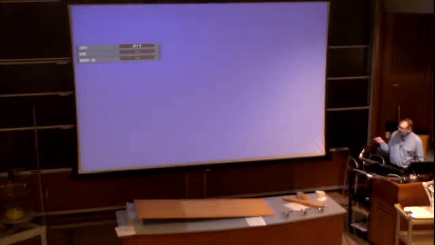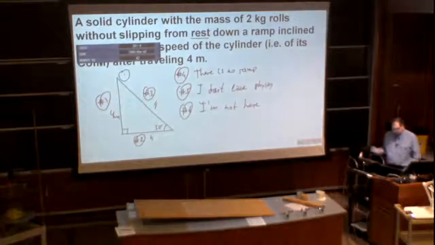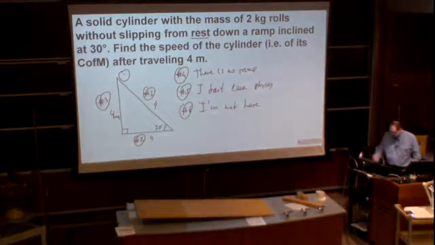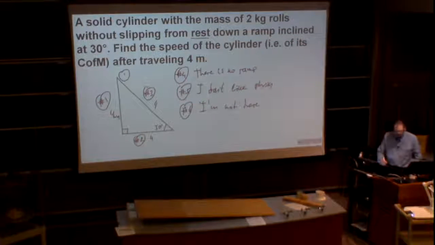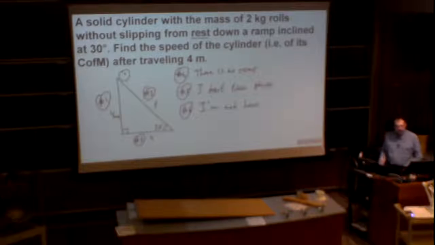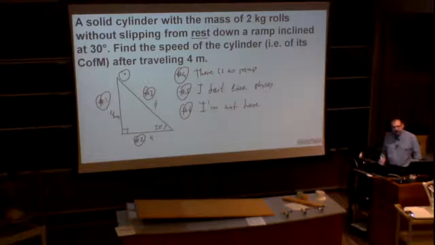Okay. In this case, physics and democracy agree. Distance traveled, as measured for the distance traveled by the center of mass, should be equal to the magnitude of the displacement of the center of mass, and the center of mass travels parallel to the surface of the ramp.